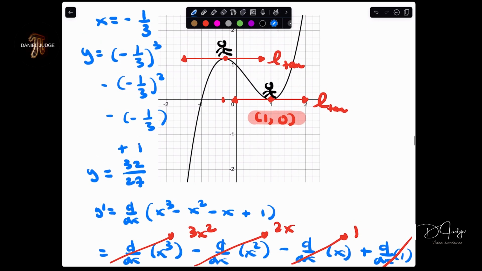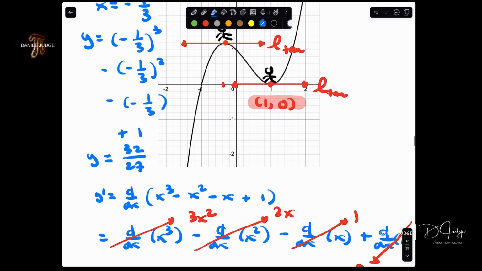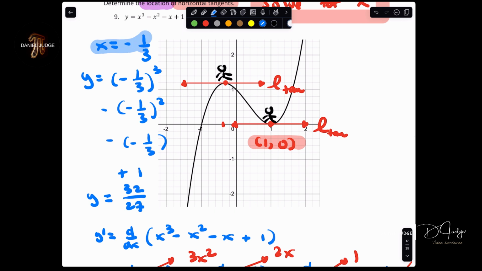So when x is negative 1/3, y is 32 over 27. So this location is what we're talking about. Negative 1/3, 32 over 27.